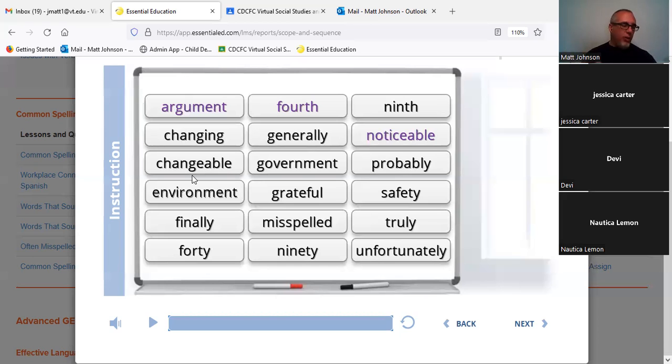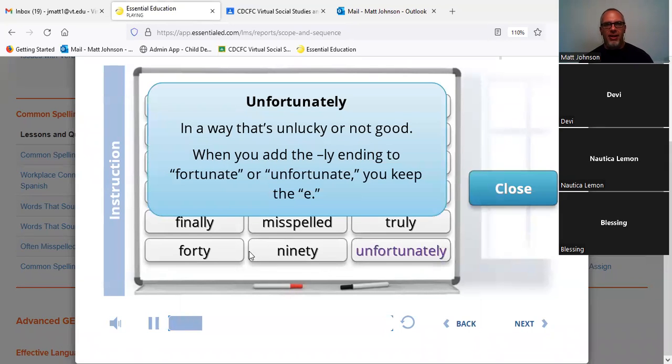But again, you can always come back and look at this list in detail if you want to get more explanation. They're not really giving you an explanation. They're just kind of explaining the rules. So let's... Unfortunately, in a way that's unlucky or not good. When you add the ly ending to fortunate or unfortunate, you keep the E. Right.